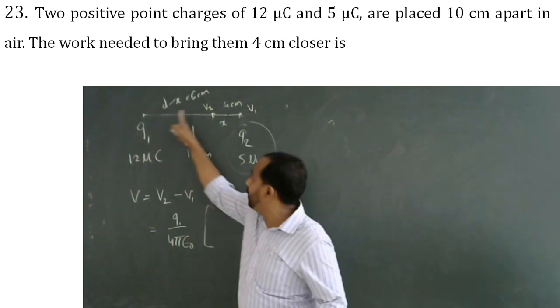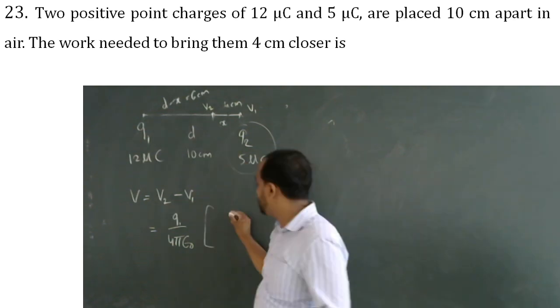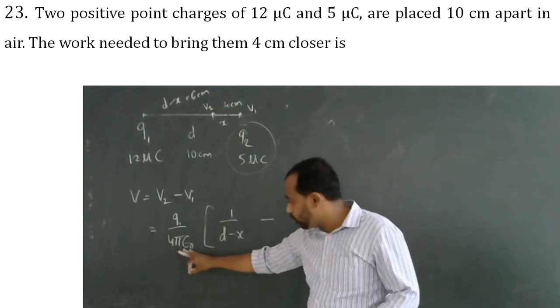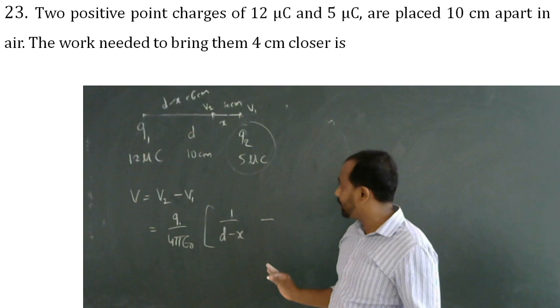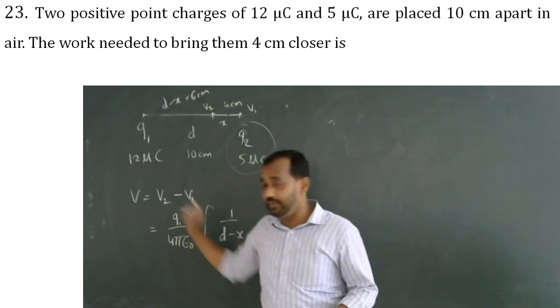First, it will be Q1 by 4 pi epsilon naught into 1 divided by d minus x, minus V1, in which again Q1 divided by 4 pi epsilon naught is the same, but the distance is different, which is now d. I will write it as 1 by d. So this is the formula for the potential difference.